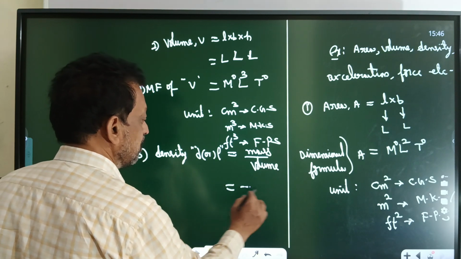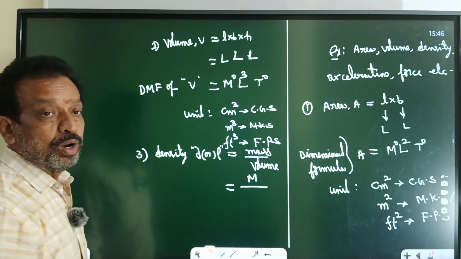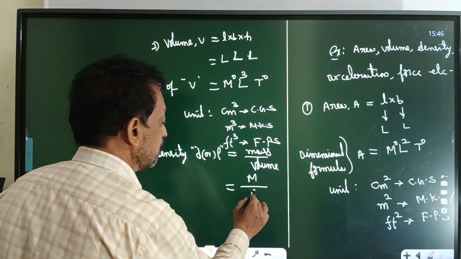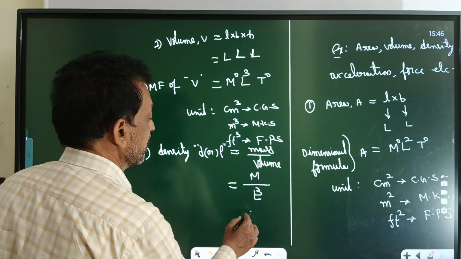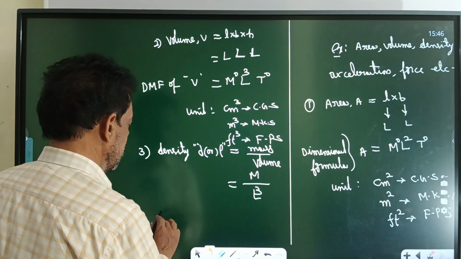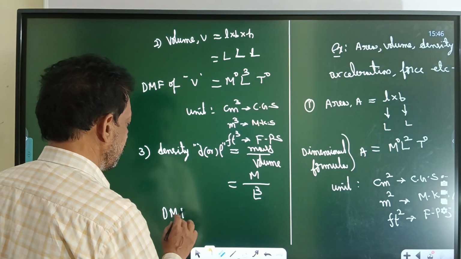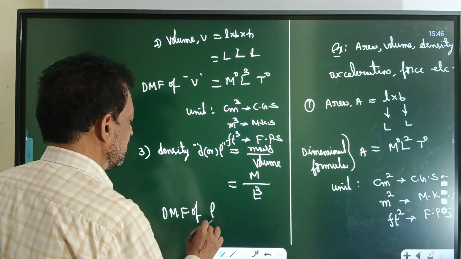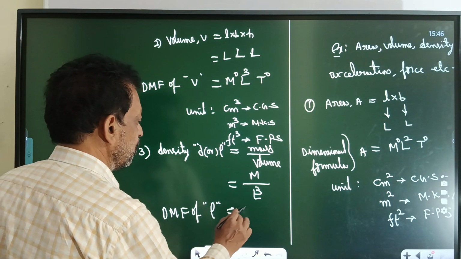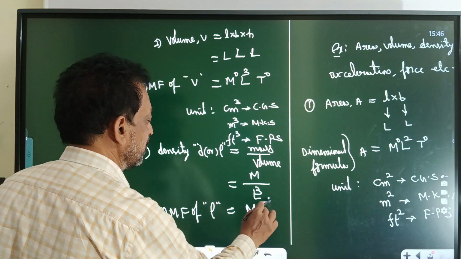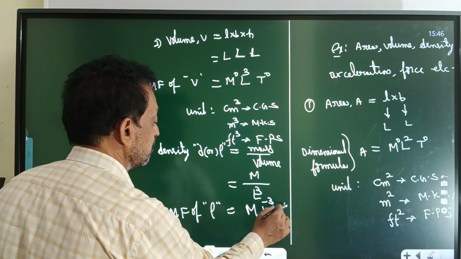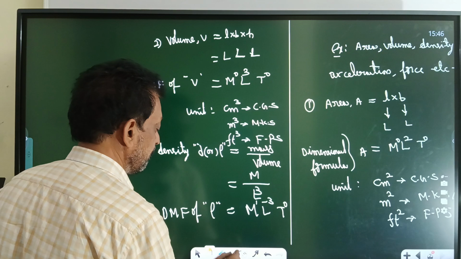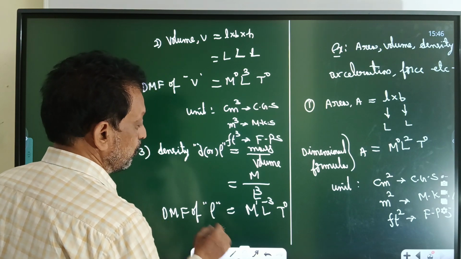So mass is M, volume is L cube. So now we can write the dimensional formula of density rho is equal to M L to the power of minus 3, with time power 0 and mass power 1.